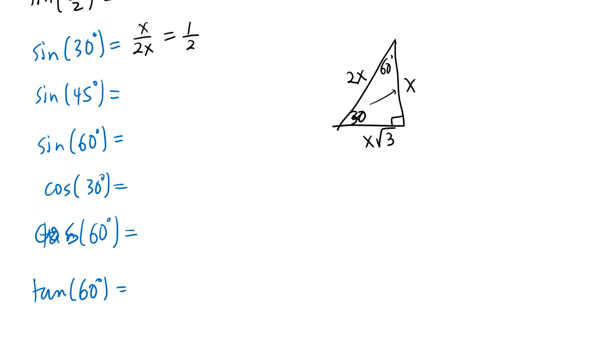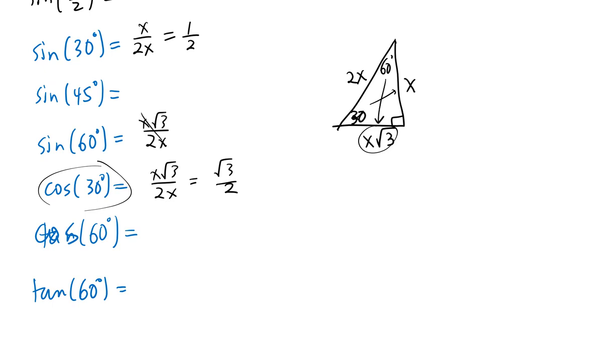I can use the same triangle to find cosine 30. Cosine is adjacent over hypotenuse, the x cancels out, root 3 over 2. Sine 60 is opposite over hypotenuse, root 3 x over 2x, so square root of 3 over 2.